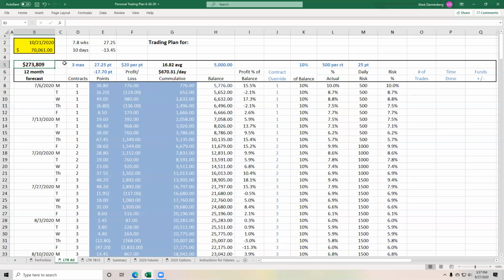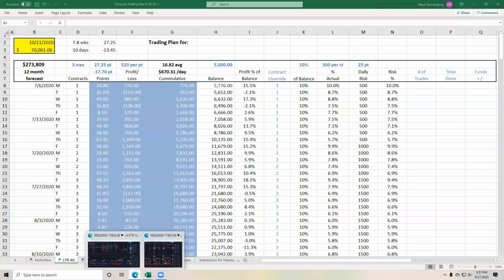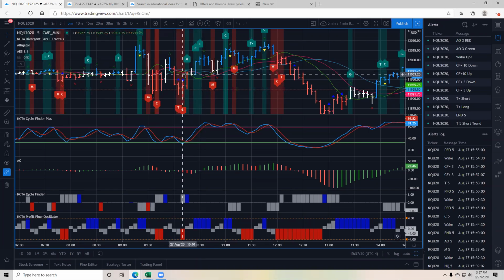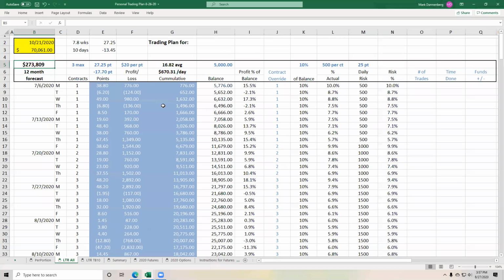Again, this is nothing more than the incredible power of the adaptive entry system to provide signals that we can confidently trade, and then we take those results and we plug them into our trading plan, and it shows the benefit and power of recycling our capital and then scaling our contracts to a point that we are comfortable and confident with. And of course, don't forget, you can always increase the number of contracts that you want your max to be. If you wanted your max to be 5 contracts, it dramatically changes your future income forecast.